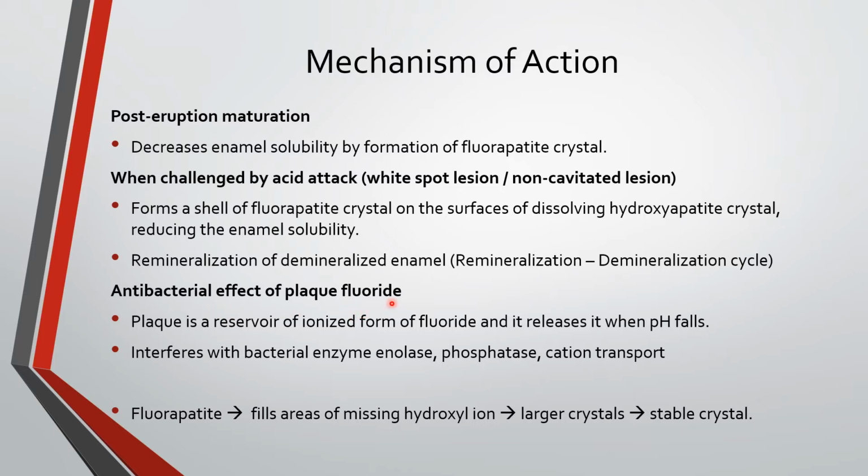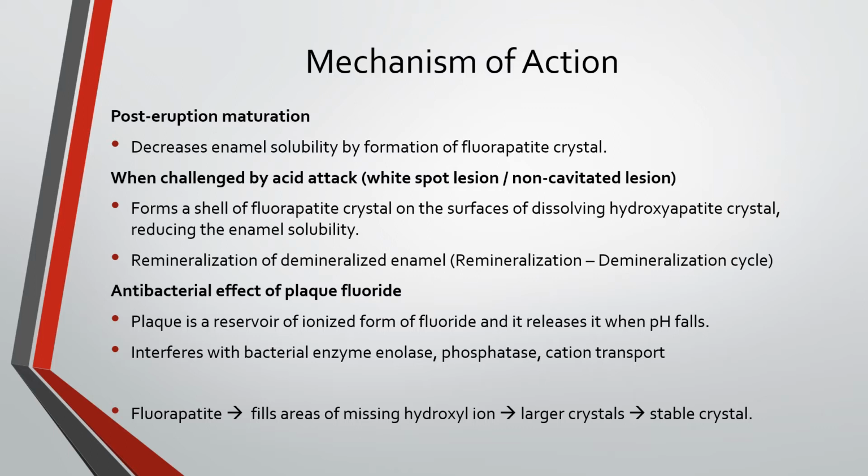When you do topical fluoride, it gets deposited into the plaque, and the plaque itself acts as a reservoir for ionized fluoride, which is released when the pH falls. Whenever there is a fall in the pH, the fluoride in the plaque is released to immediately form shells of fluorapatite crystal on the dissolving surfaces of hydroxyapatite.